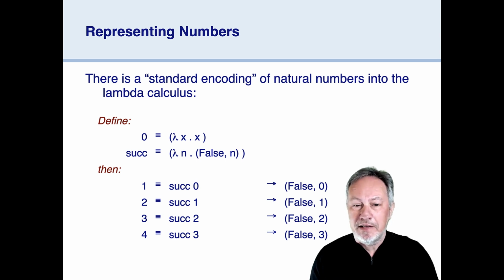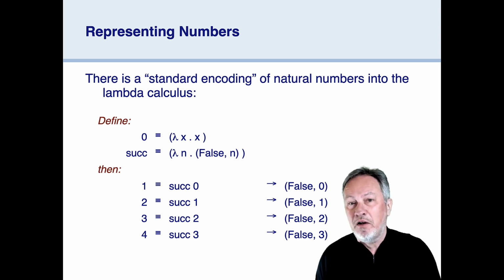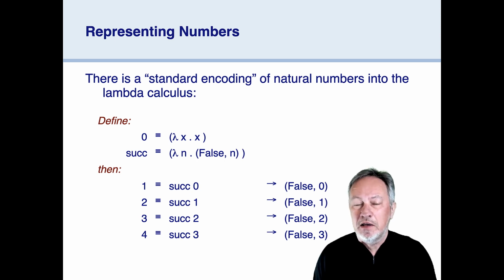So the idea is that the successor keeps building up these tuples that have more and more structure, each encoding and encapsulating the previous value of that number. They also have the additional value false, and this value false is going to represent the fact that this number is not equal to 0.